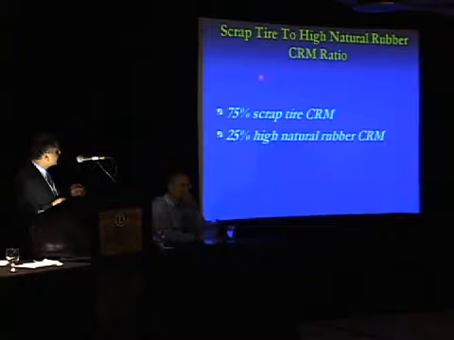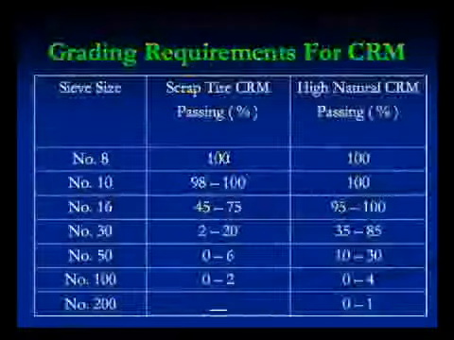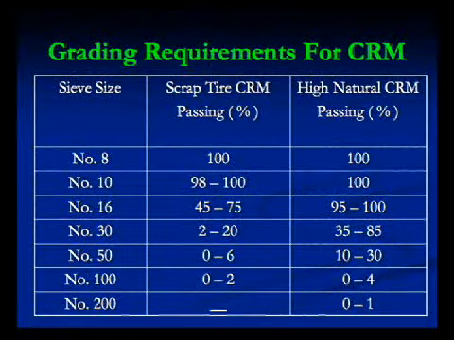In California, we have specifications which require 75% scrap tire and 25% high natural rubber crumb rubber modifier. What is the difference between high natural rubber and scrap rubber? Number one is a different gradation. Scrap tire rubber is namely minus 10 rubber.